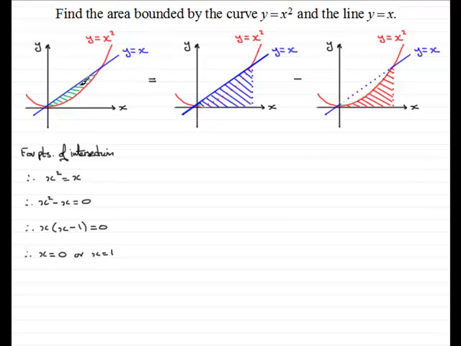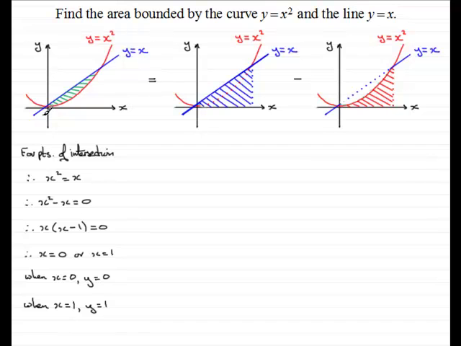It's worthwhile finding the corresponding y coordinates. We can simply substitute into y equals x. When x is 0, y is also 0, and similarly when x is 1, y is equal to 1 because y equals x. So we've got our points of intersection.